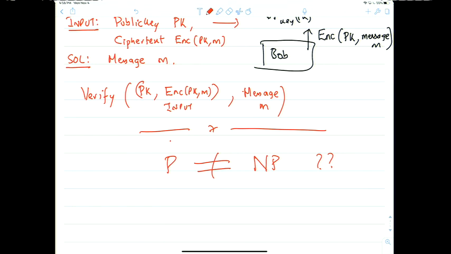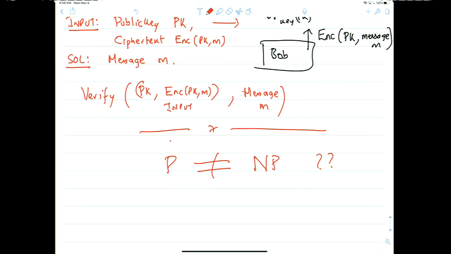And it's really an amazing question, because all of us have this experience that if you're doing a homework or solving a problem, checking a solution is much easier than coming up with a solution, right? Listening to music is much easier than writing music. Writing solutions is much harder than checking somebody else's solution, right?